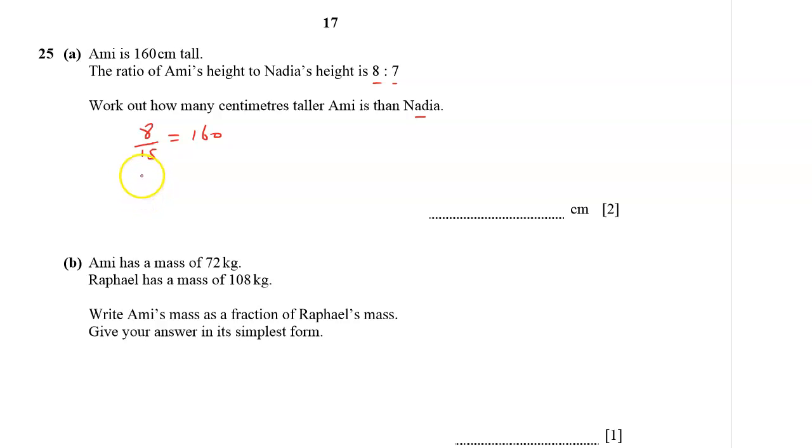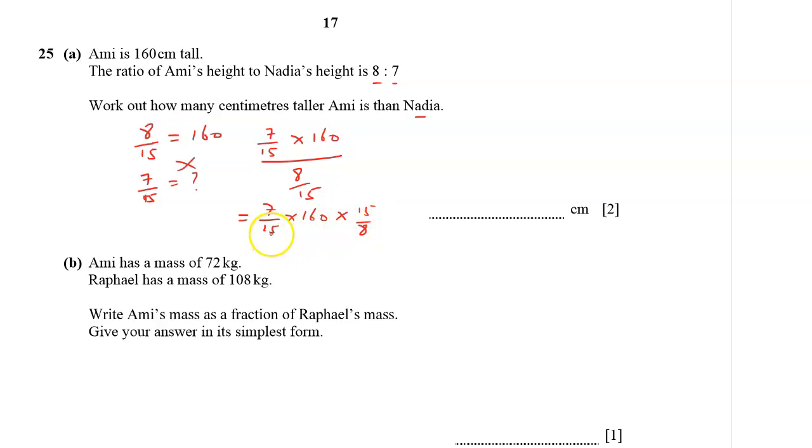Alright. So then what will be Nadia's height? 7 over 15 will be how much? And then you do cross multiply. Therefore this will give us 7 over 15 times 160 over 8 over 15. Then we can write this as 7 over 15 times 160 times 15 over 8.